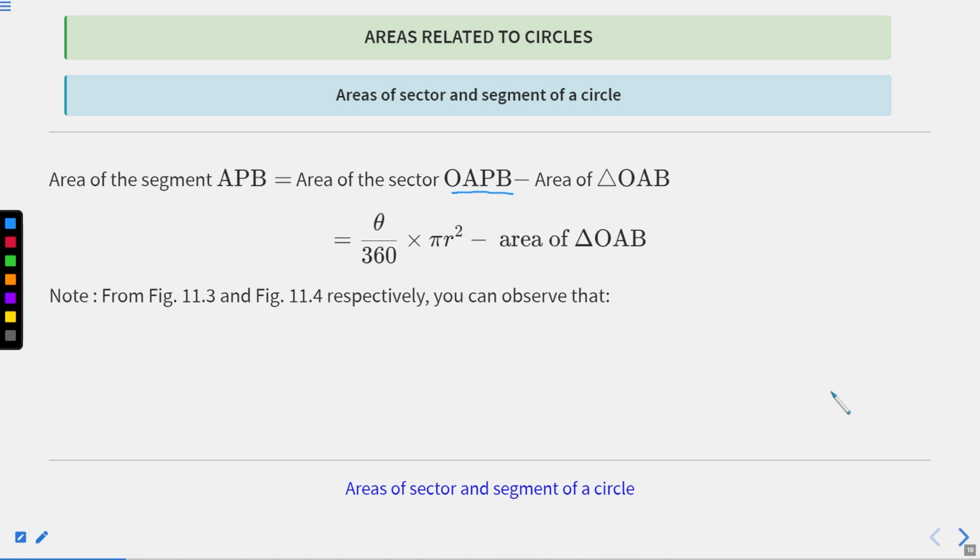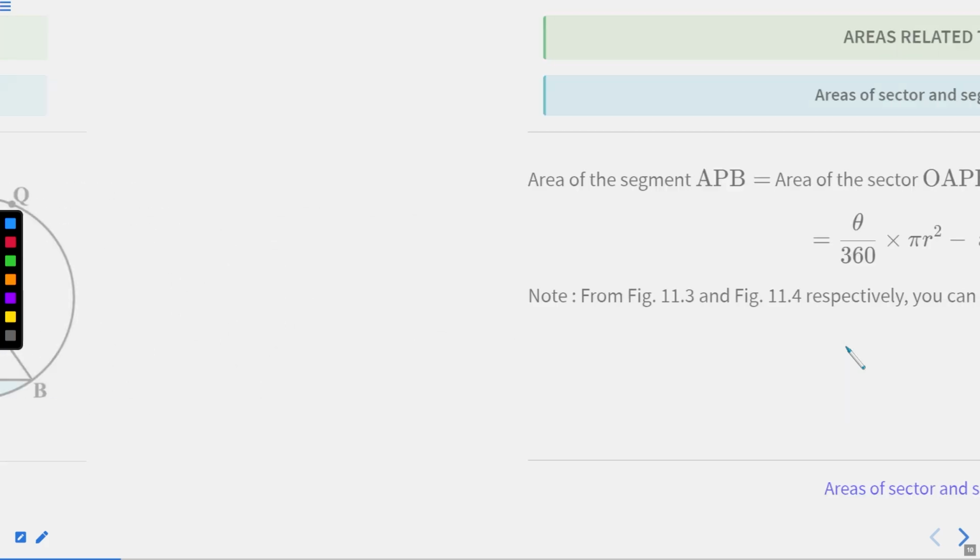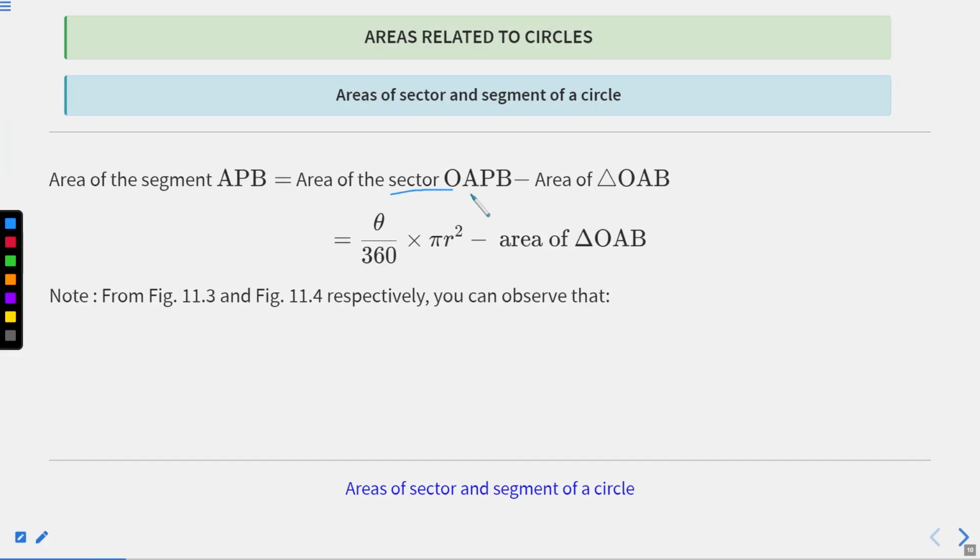Area of this sector OAPB is theta by 360 into pi r square, and then the area of triangle OAB.